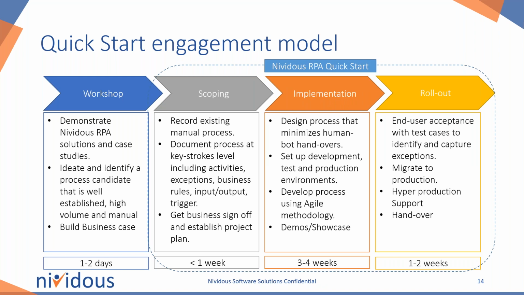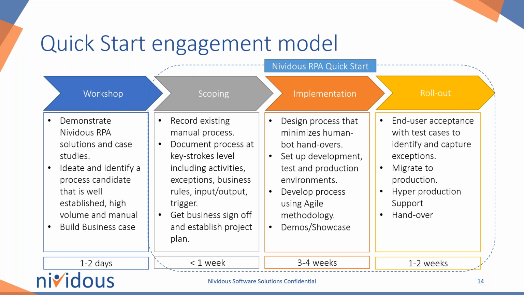And that includes an upfront workshop, which is where you can go through the process inventory within your company and figure out, not just on your own, but with a team of our experts that do this all the time, where is the best place for you to start? And just having that piece alone done for you or facilitated with you is enough to get a lot of people over the hump.